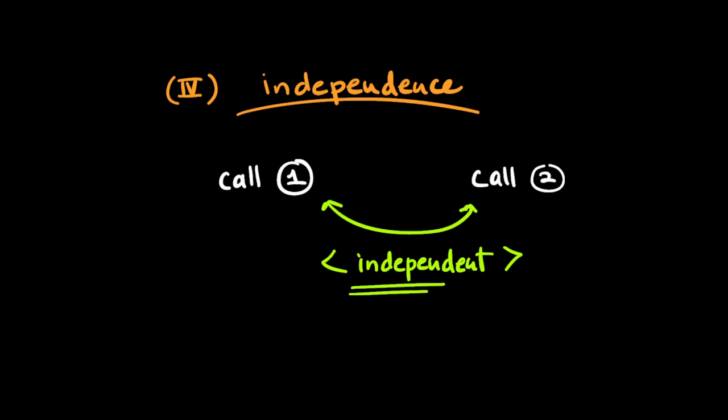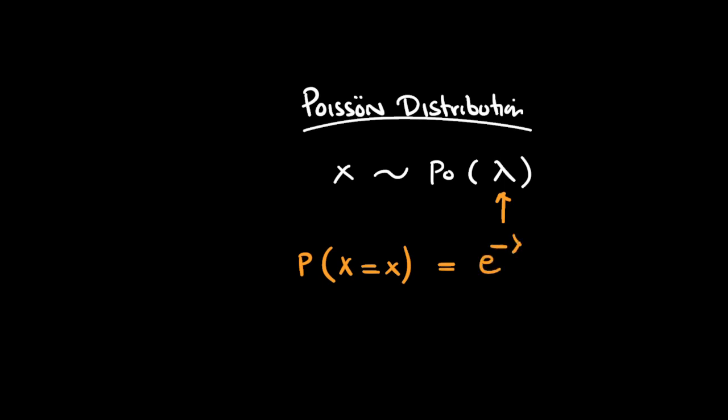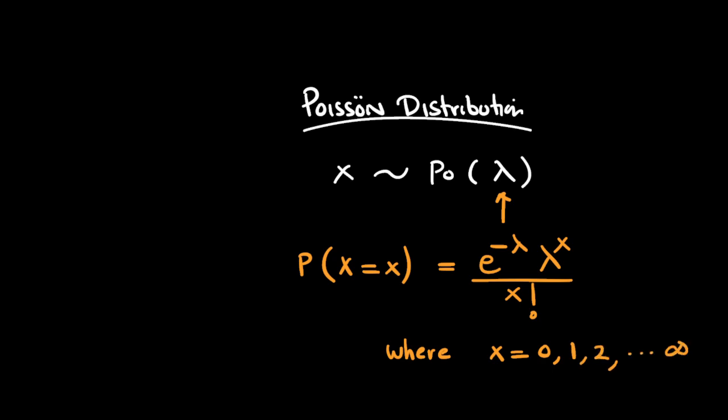So now what have we learned in this video? We have learned that Poisson distribution is a discrete probability distribution. X follows a Poisson distribution with the mean number of occurrences denoted by the symbol lambda. The formula that we will use is this: probability x is equals to x, e raised to power of negative lambda, lambda raised to power of x divided by x factorial, where x takes the values 0, 1, 2 all the way till infinity.